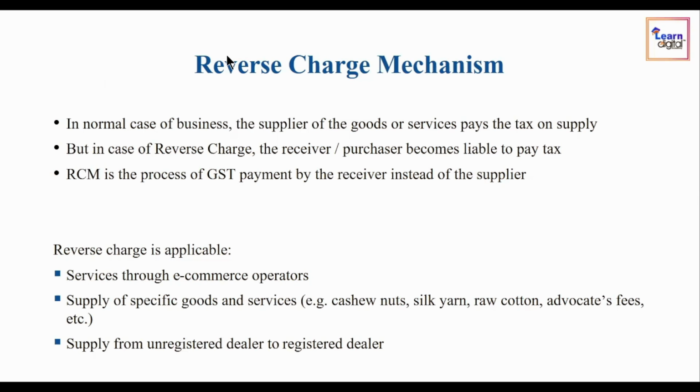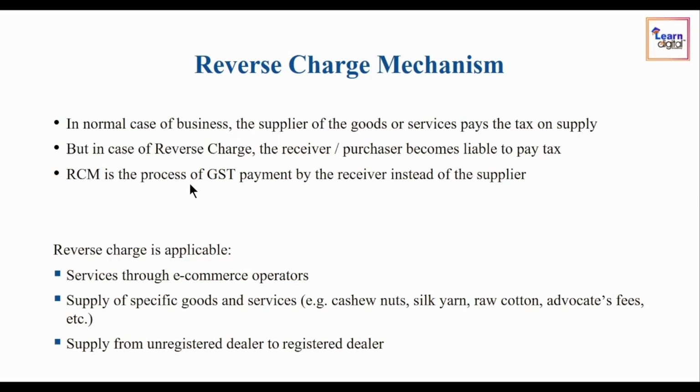And the tax paid by the purchaser gets reversed by adjusting the input credit, by increasing the input credit, and then that input credit gets adjusted so as to reverse the tax paid to the government for the goods purchased under RCM.